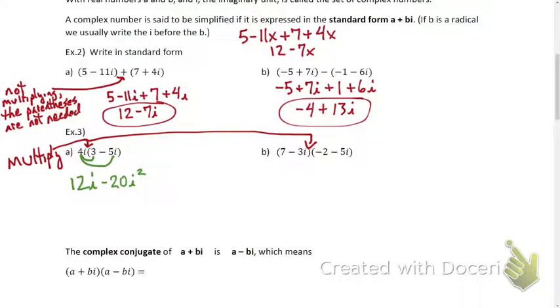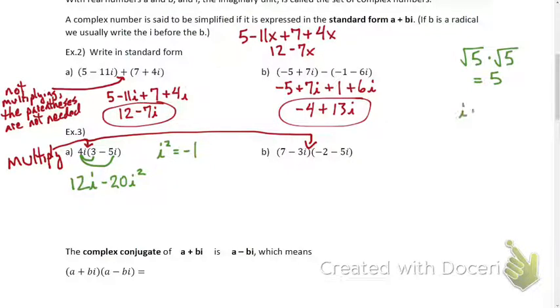We can now take that one step further. Look at the very top of your page. It says i squared equals negative 1. The idea there is that back a few weeks ago we had something like this, and we said it's 5. Same idea here.